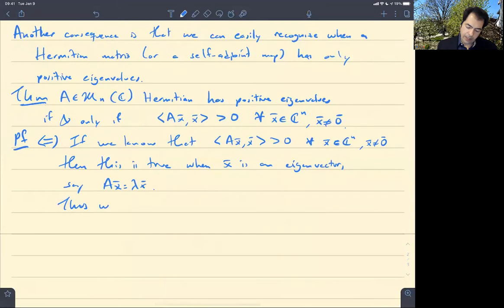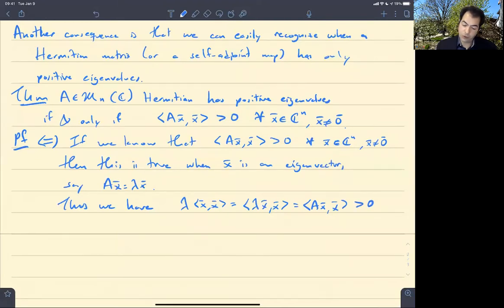Thus, we have that, let's write it like this, lambda X inner product with X is equal to lambda X inner product with X, which is equal to AX inner product with X, and then this is strictly positive.